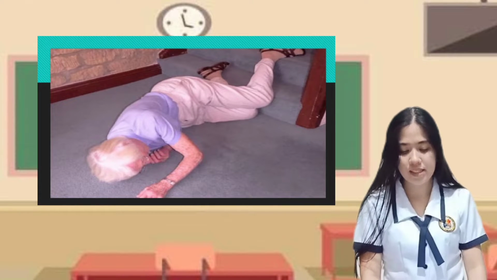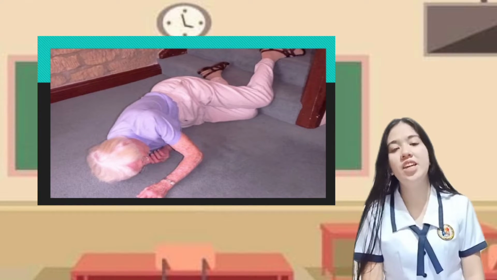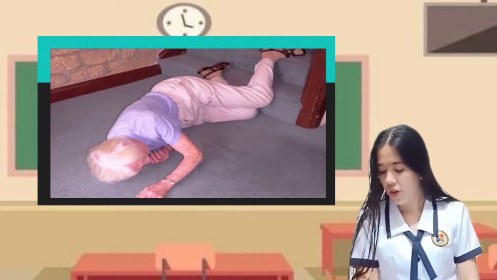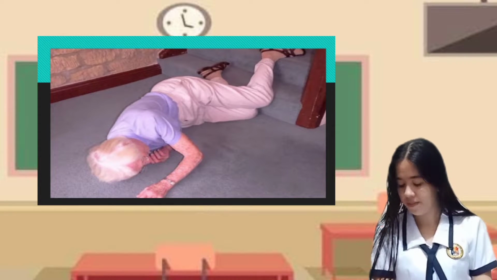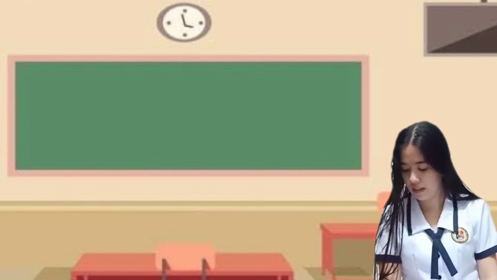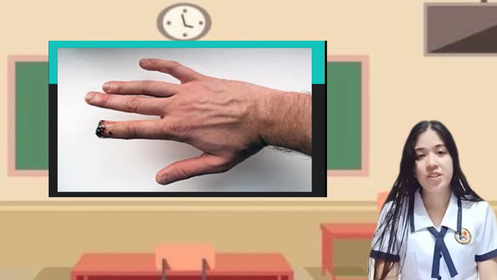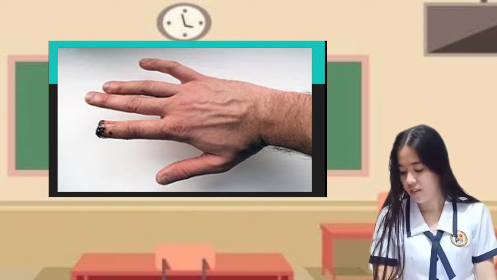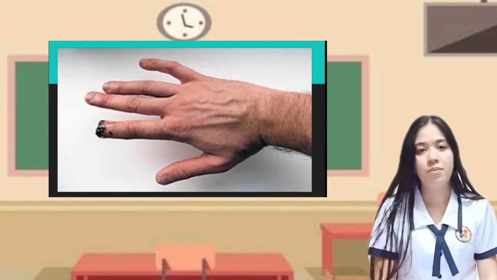Somebody fell from the stairs and was unconscious. So, check vital signs and possible fracture. And number 4. A person had an amputated finger, so stop the bleeding and call for medical help.